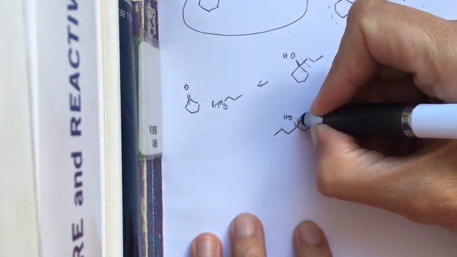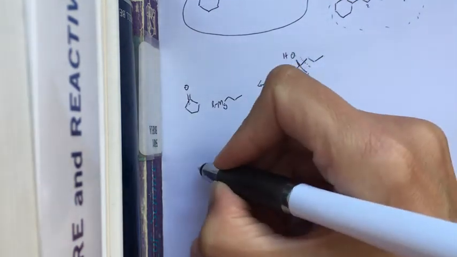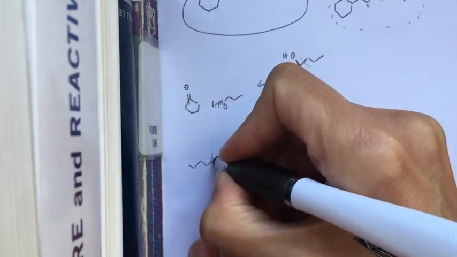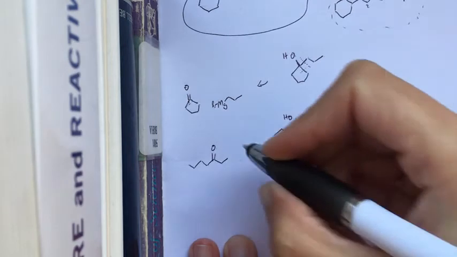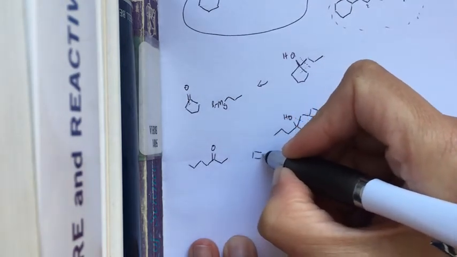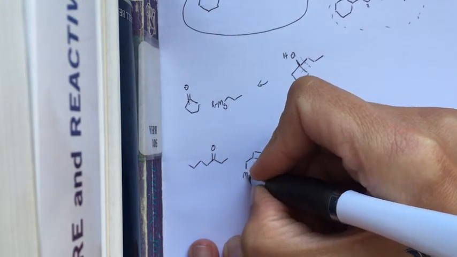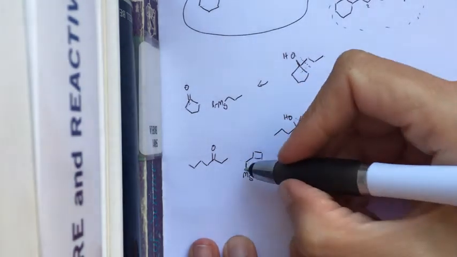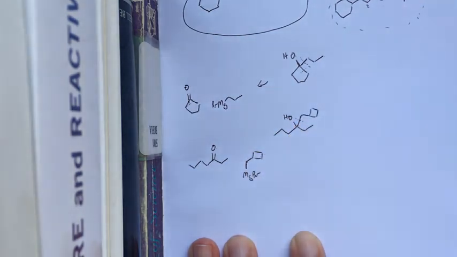If that was my new carbon-carbon bond, then this would have been my carbonyl compound. That's my new bond formed, so that must have been my Grignard reagent. And remember, you've got to make sure that you've actually got a carbon atom there.